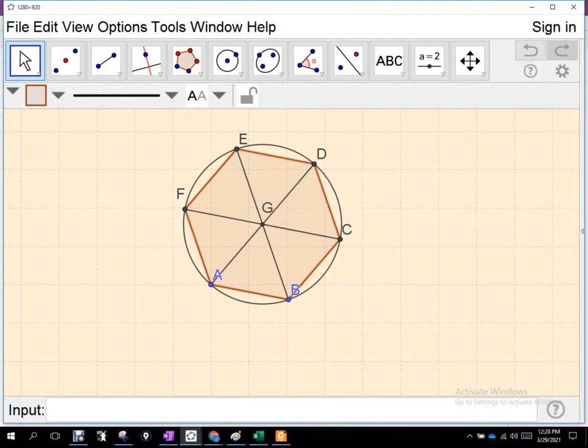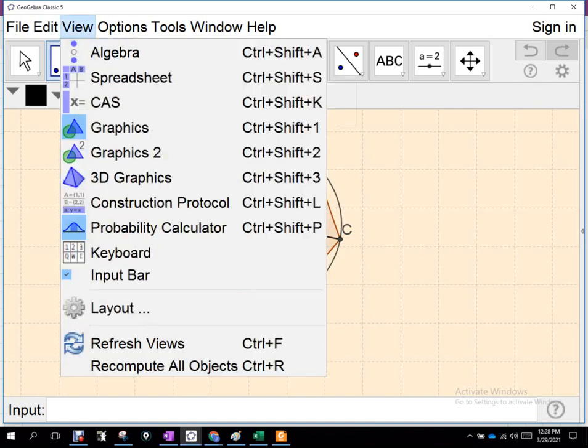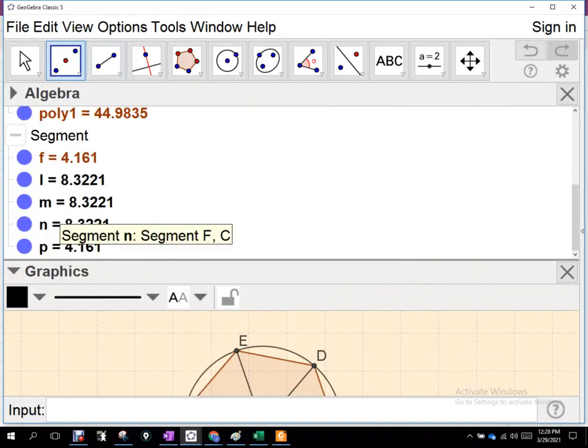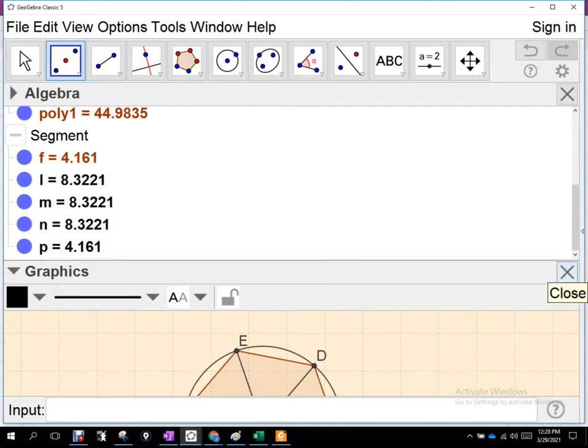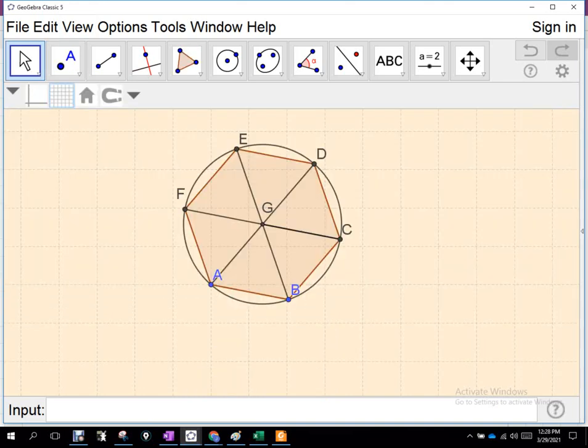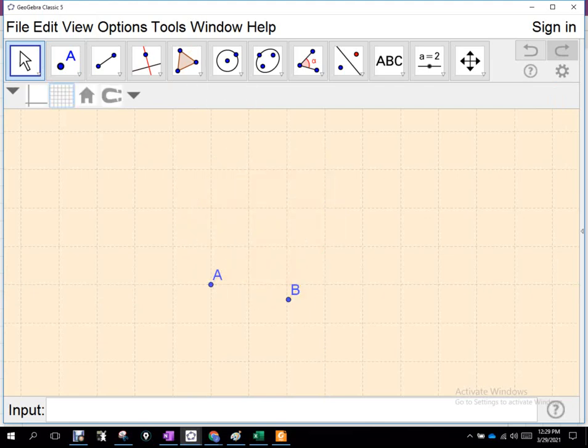When we look here, would you guys agree if I start at G and I go to C, let me remove that.